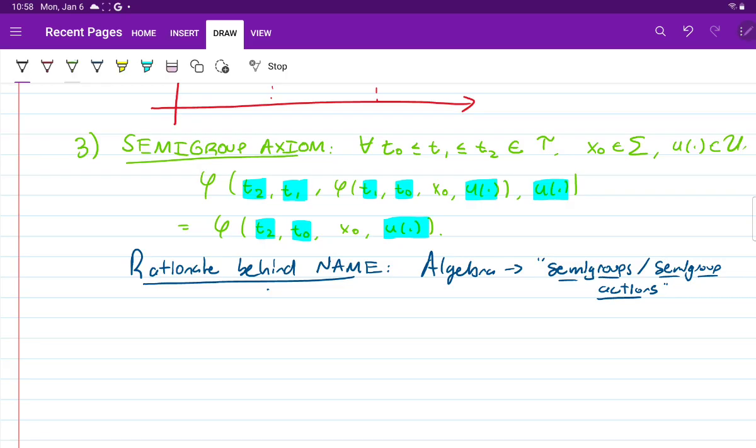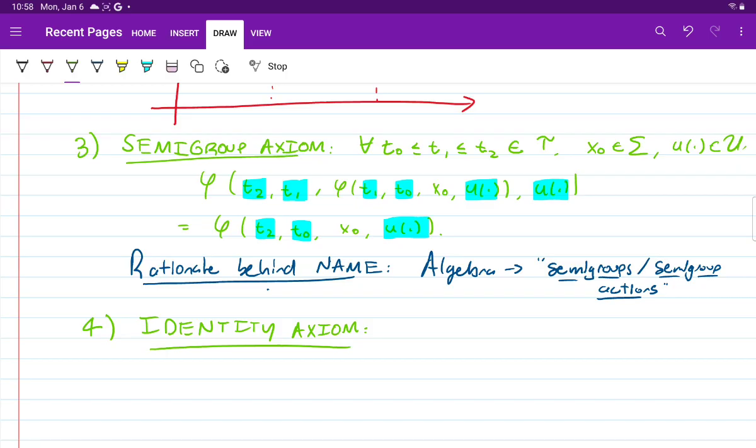All right, so we'll finish off with one more axiom. What we have left is the identity axiom. Okay, what the identity axiom states is the really simple idea that if no time passes, nothing happens.